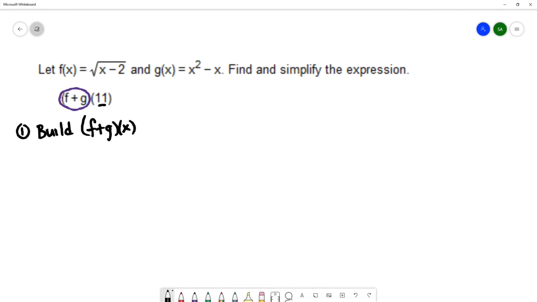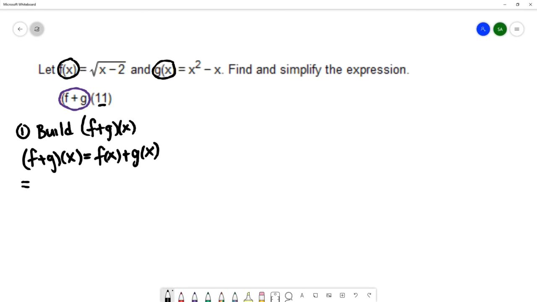The way that you build this function is described in the name. The name is f plus g, and we're going to build that function by adding the function f to the function g. So f plus g of x means f of x plus g of x.